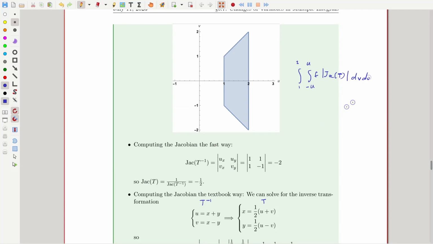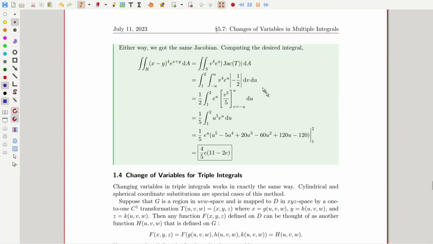The outer integral u goes from 1 to 2. The inner integral is v goes from minus u to u. The Jacobian was negative 1/2. We put that in absolute values, and we have this function. Okay, so the 1/2, I can pull that out all the way. That's not too bad.